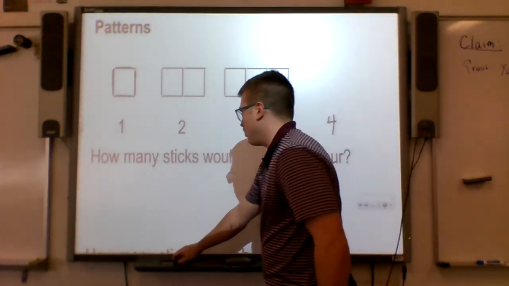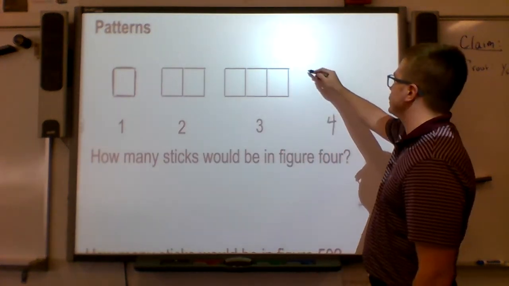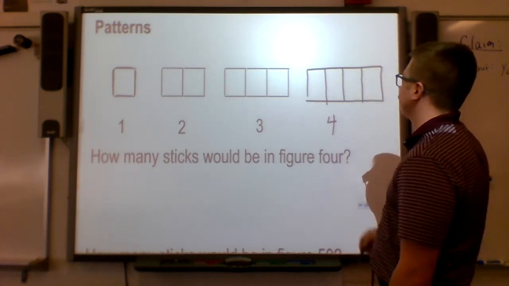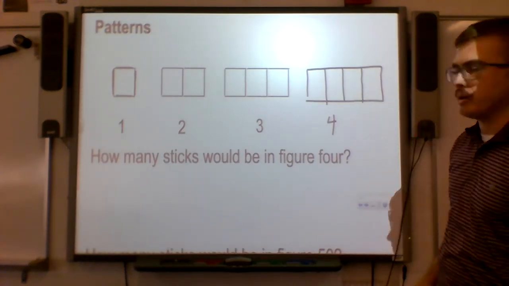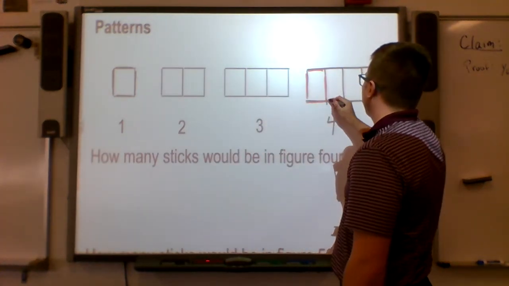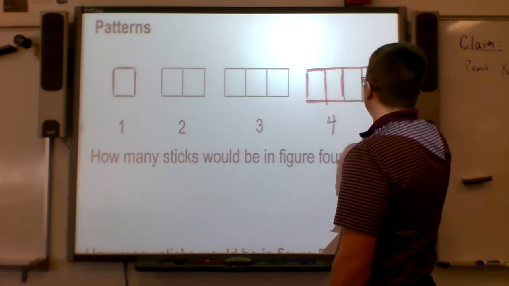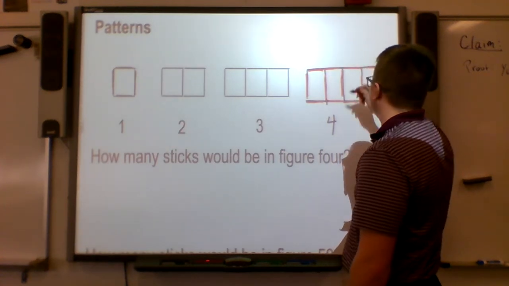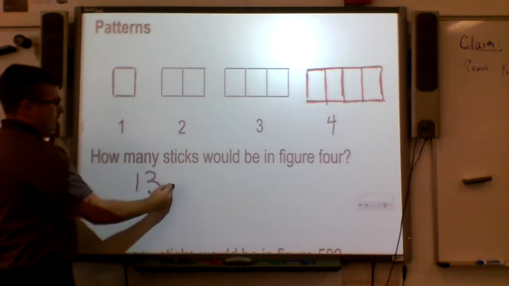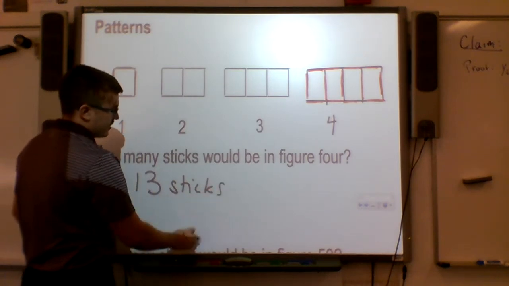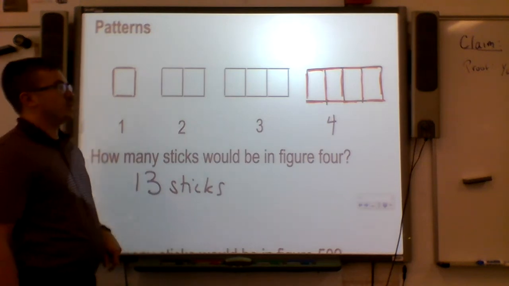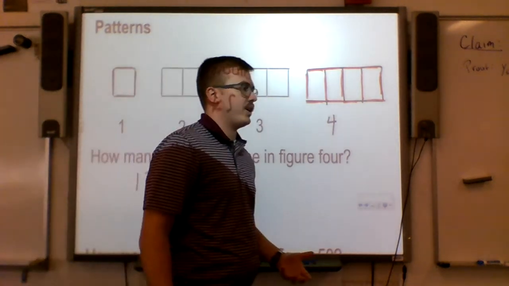The easiest way would be just to draw it out, because we know it's going to have 4 boxes, and then you can just count the total number of sticks. We've got 1, 2, 3, 4, 5, 6, 7, 8, 9, 10, 11, 12, 13. So in figure number 4, there are four boxes, and there are 13 sticks total. That's not too bad.